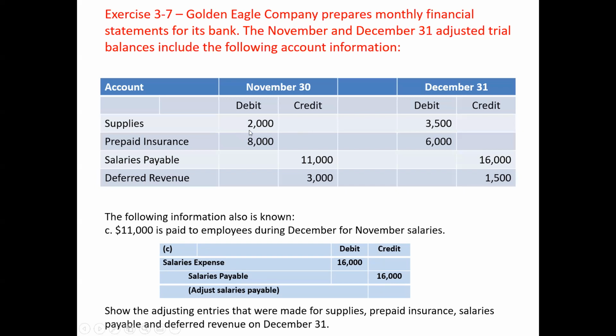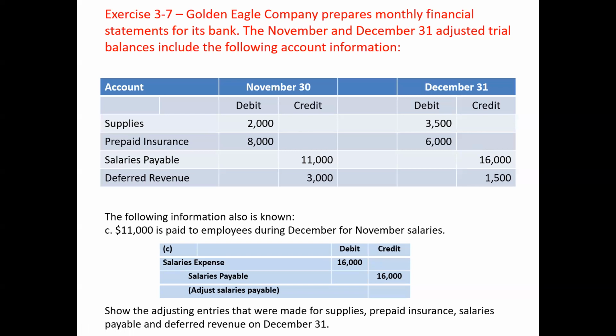So then in December, when they paid those salaries, they debited salaries payable and they credited cash because it wiped it out. They owed that money. They paid it. Now it looks like at the end of December, we show 16,000 sitting in salaries payable. These are accrued expenses.